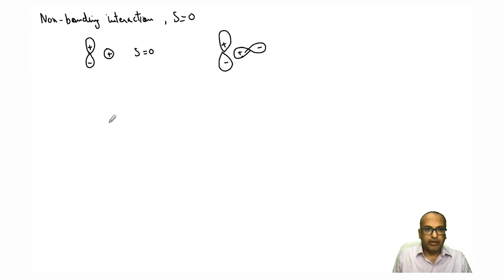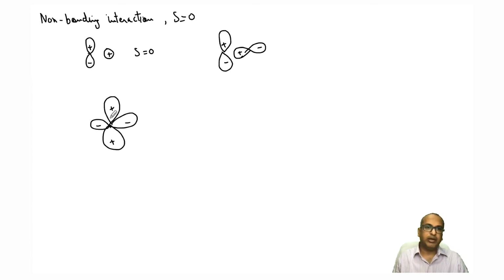Let's say, sorry for the bad drawing, this is my d orbital, and on top of that I have another d orbital with the same lobes, something like this. Now those will also have same signs.